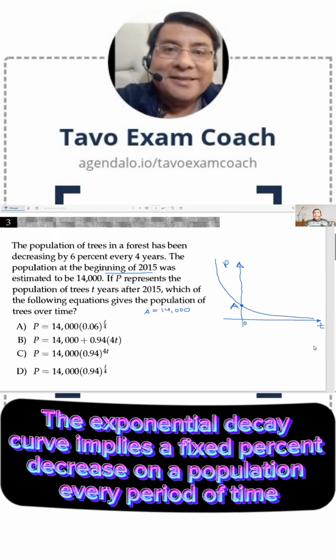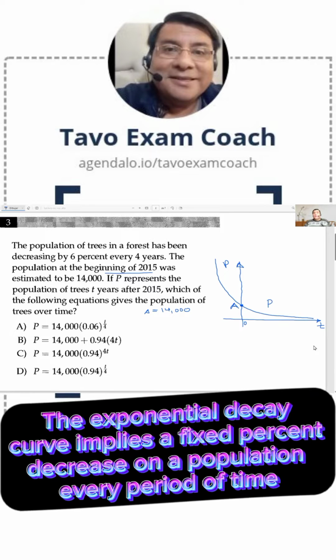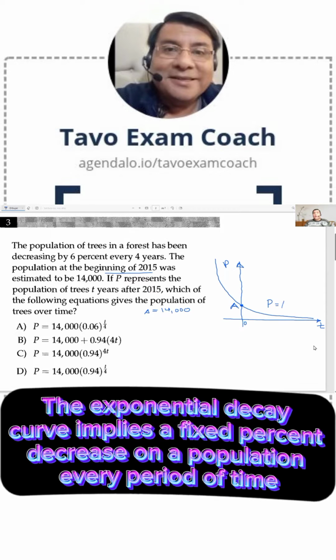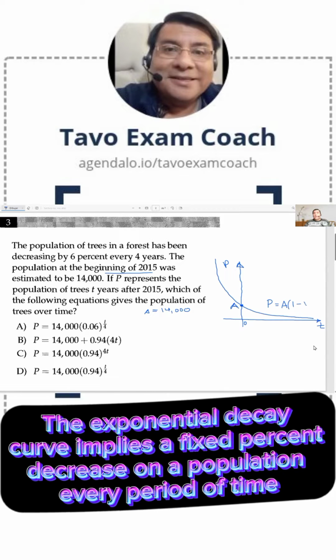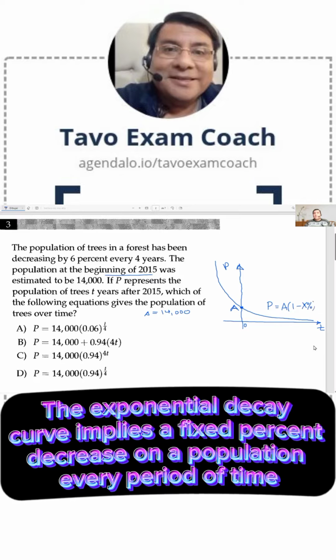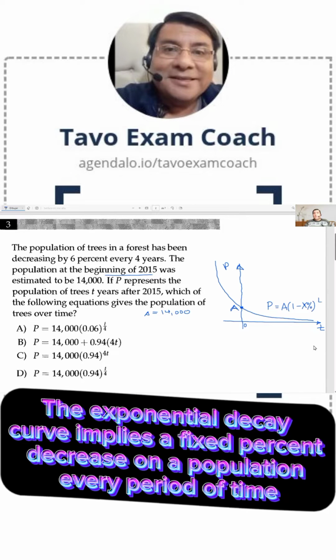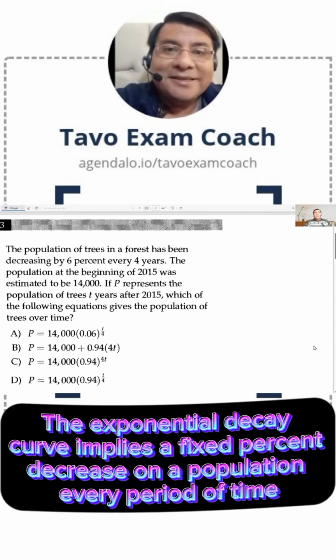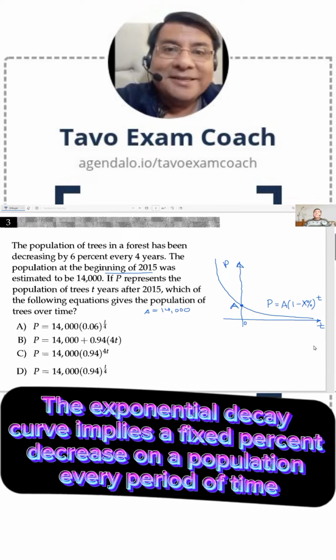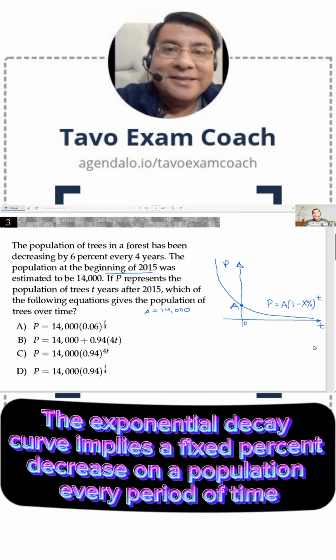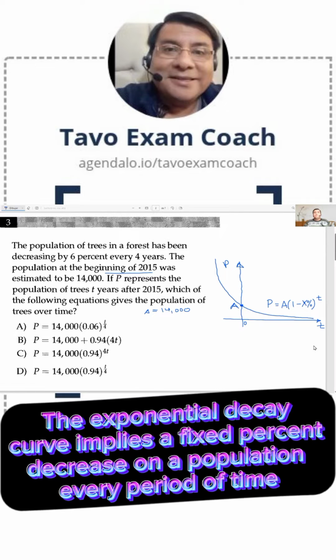Remember, we're aiming at an equation of the sort P equals A times 1 minus X percent, up to the number of periods of time, where X is actually the percent decrease per every period of time.